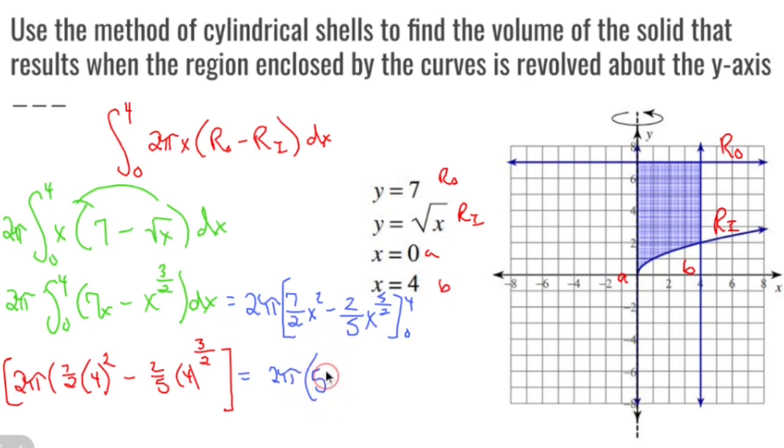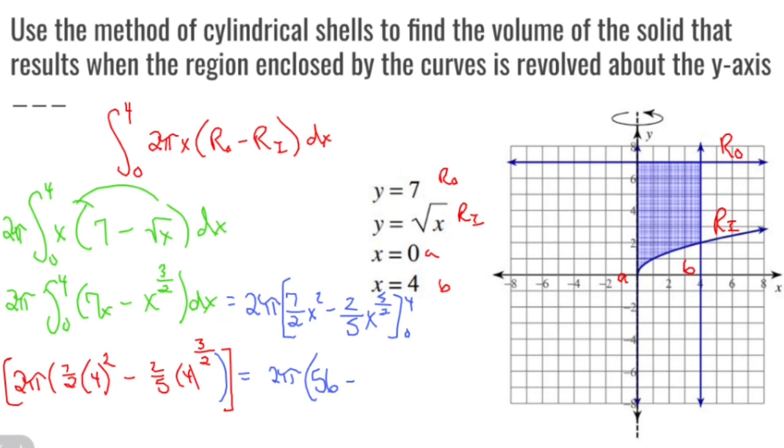So 56 minus, I guess I forgot that guy right there, 2/5 times 4 to the 5/2. I am going to use Siri for that one. What's 4 to the 5 halves power? The answer is 32.